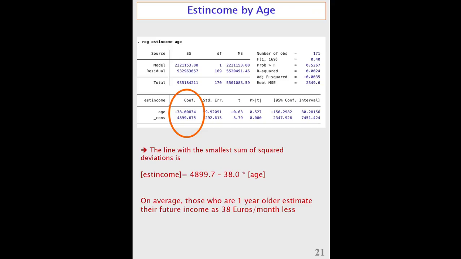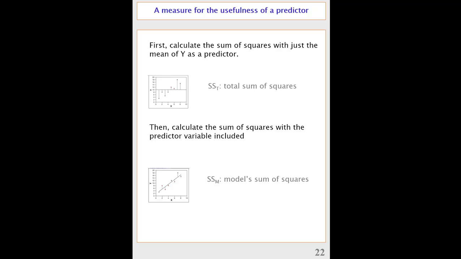So for instance, for estimated income, I do not know what the mean is in the data, but let's say it's 3,500. Then I could simply estimate 3,500 for all the cases in the data. In all likelihood, that's not very good, and we could try to sum up how bad it is.